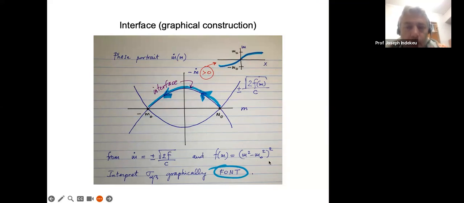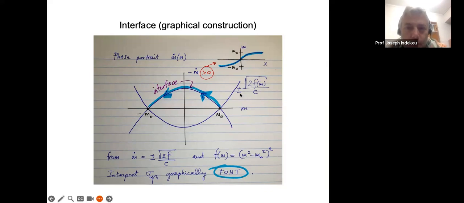You can rewrite the product of these two parabolae in this form. m squared minus m0 squared. Now if you take the square root of this, you will have basically the modulus of m squared minus m0 squared. But if you want to take the two possibilities into account, then you have two parabolae to consider, this parabola and the upside down parabola here.